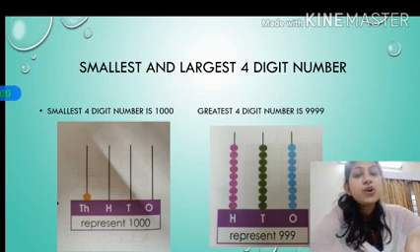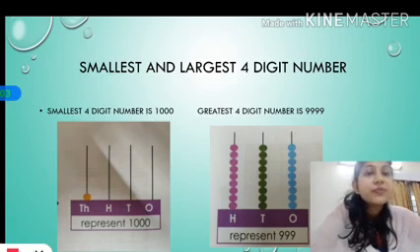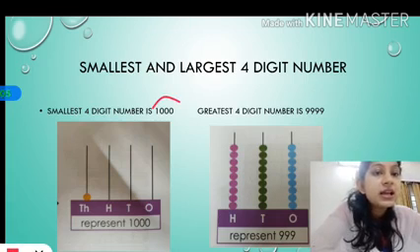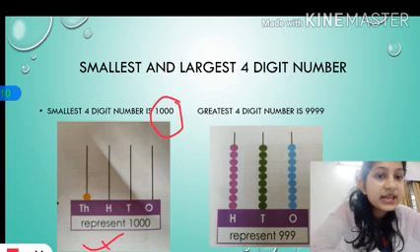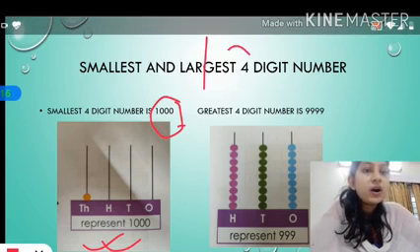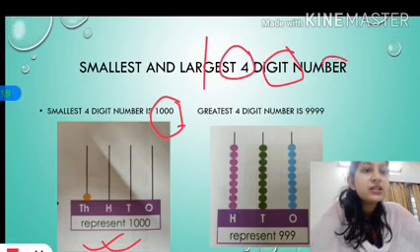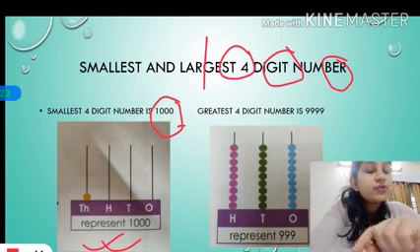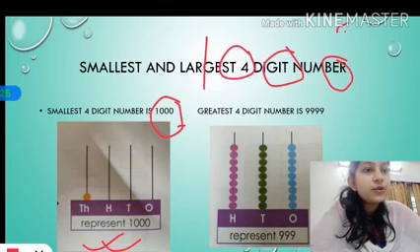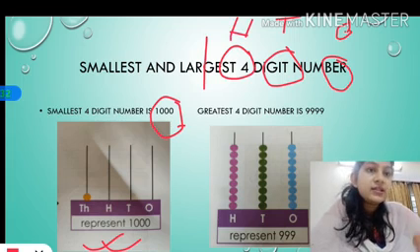See, smallest and largest 4-digit number. The smallest 4-digit number is 1000. See how it is represented on the abacus. If I write down the number 1000, let us see the place value. Ones, it is 0. Tens, it is 0. 100, it is 0.